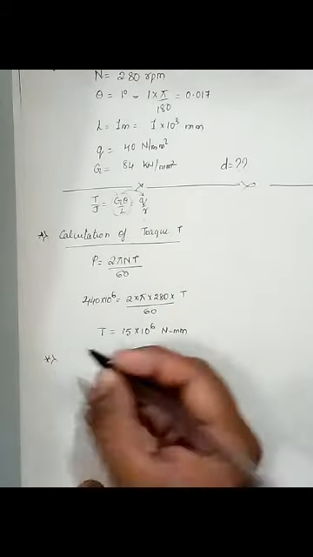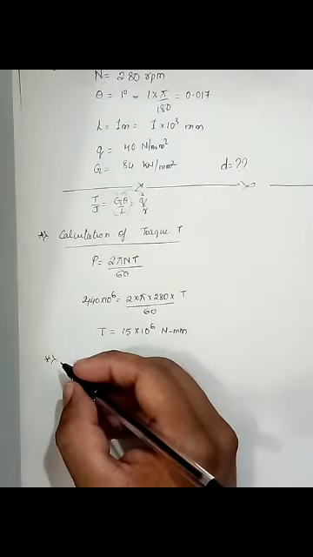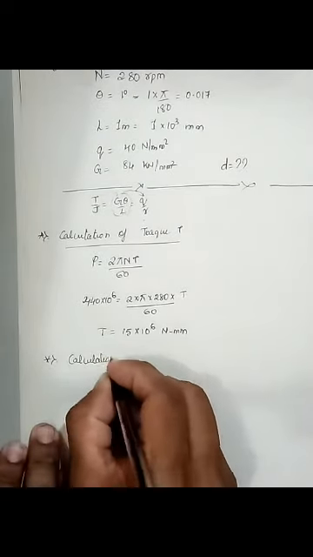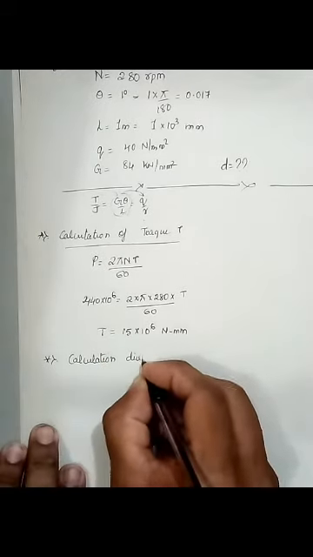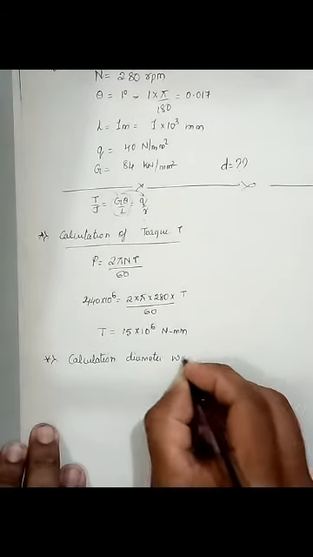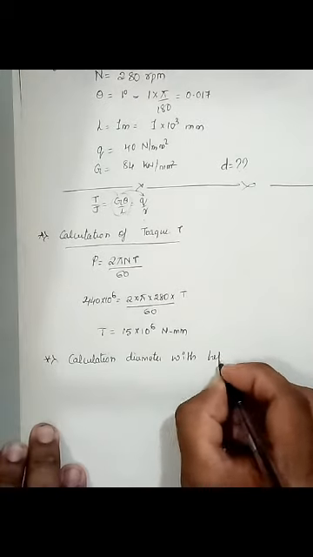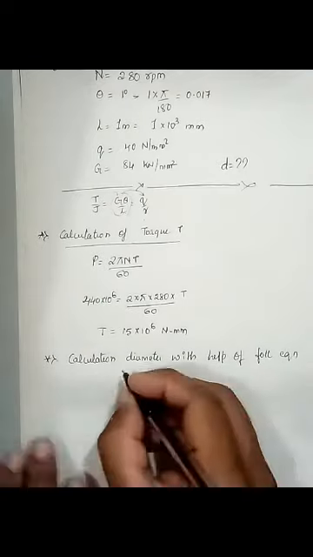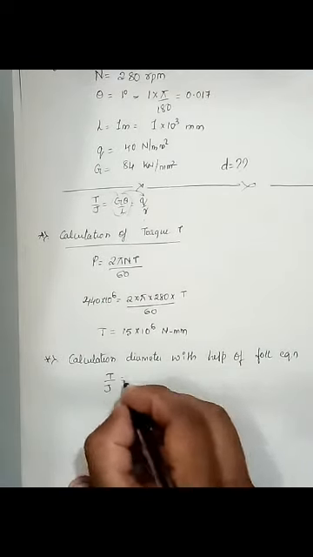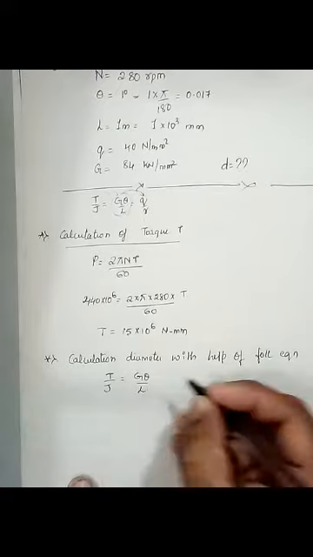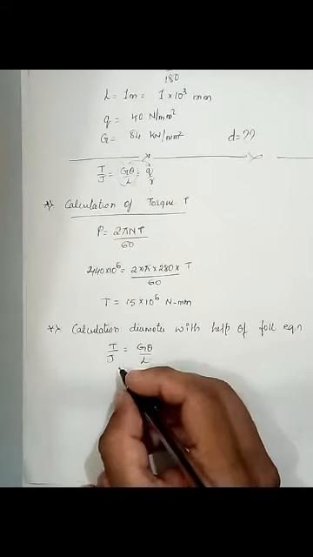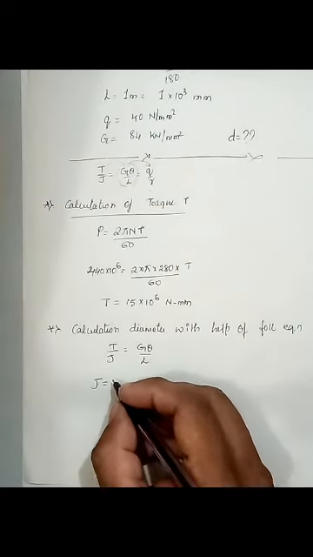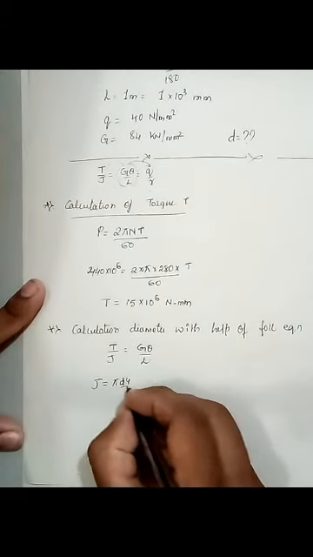Okay, so once getting this, we'll go for calculation of diameter with help of the following equation. That is T by J equals G theta by L, wherein J is equal to pi d raised to 4 by 32.